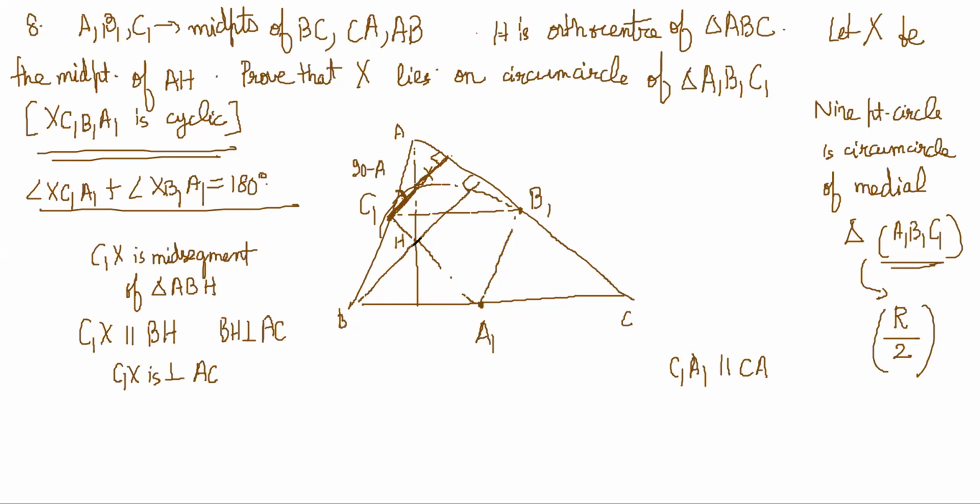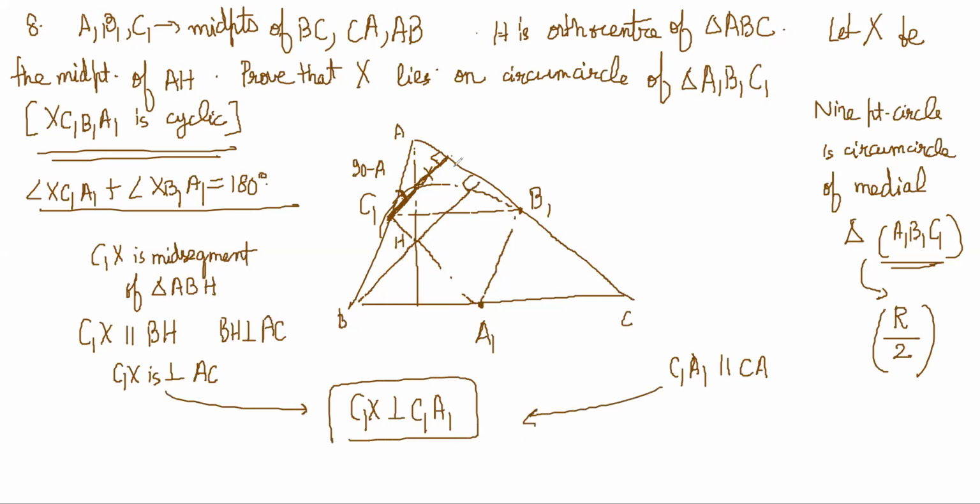So C1X is perpendicular to AC, and C1A1 is parallel to AC, so C1X is perpendicular to C1A1.